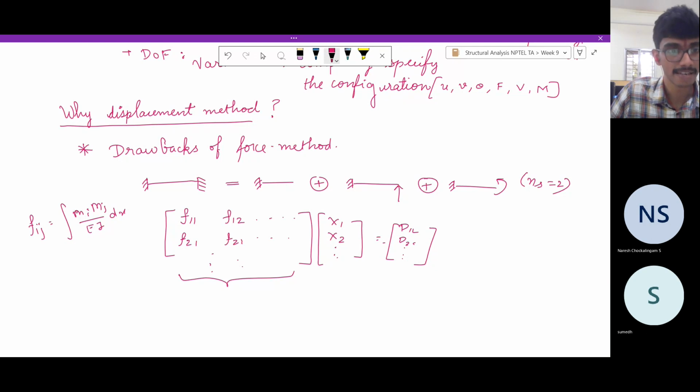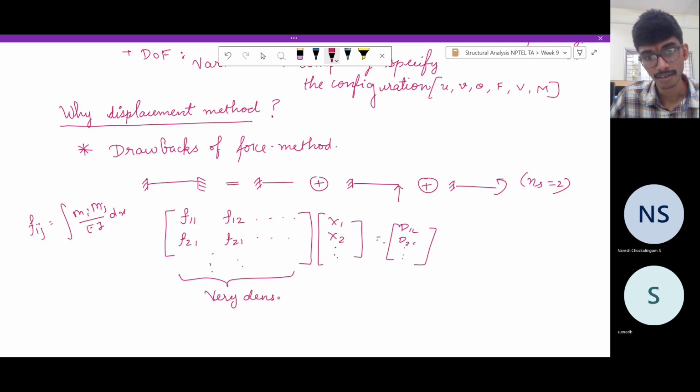In general, this is an integral, and this Fij is not zero in general. So this matrix is particularly very dense. The force at any point in the structure will cause a displacement anywhere else. So this flexibility matrix is very dense, meaning it is densely populated. There are not many zeros.